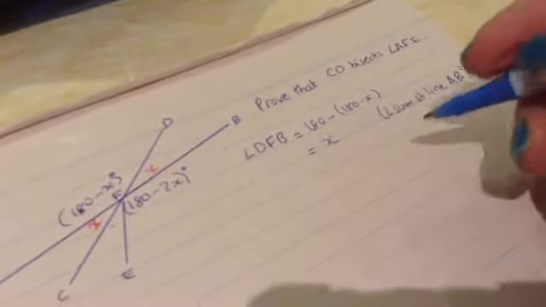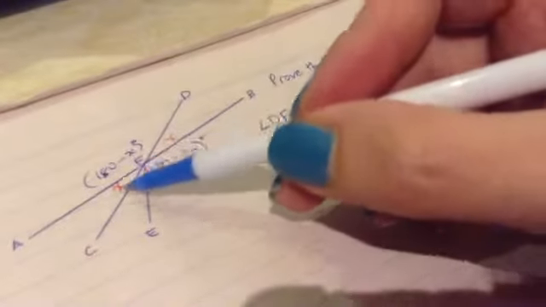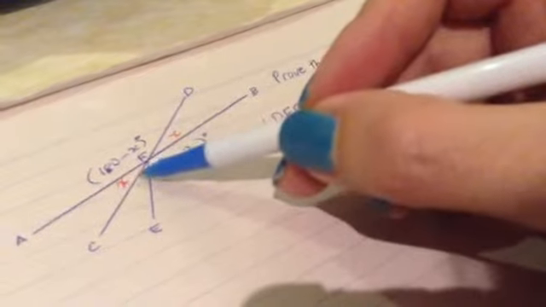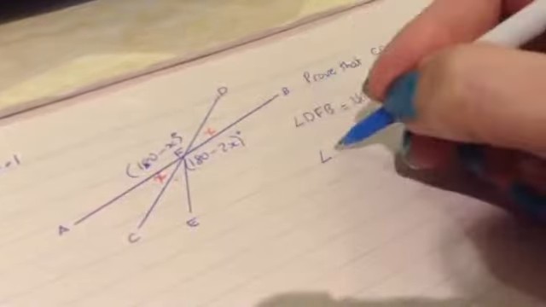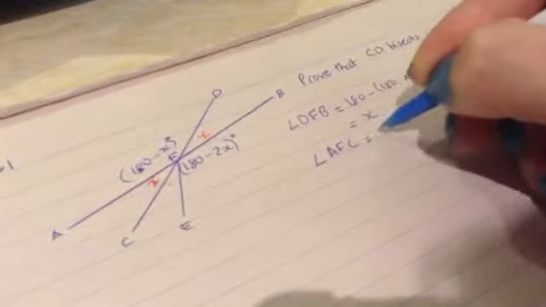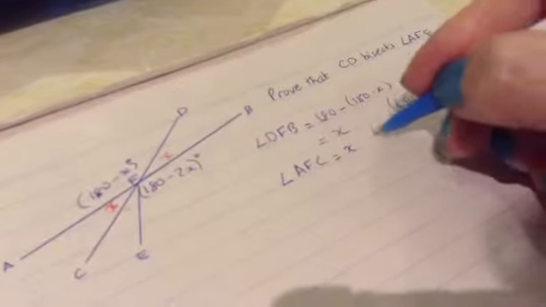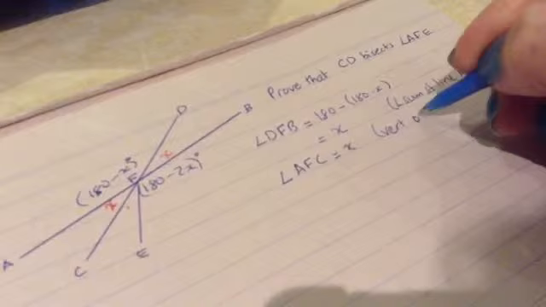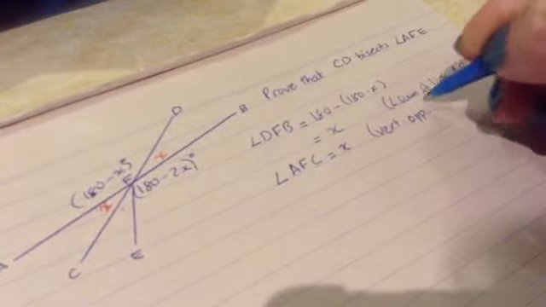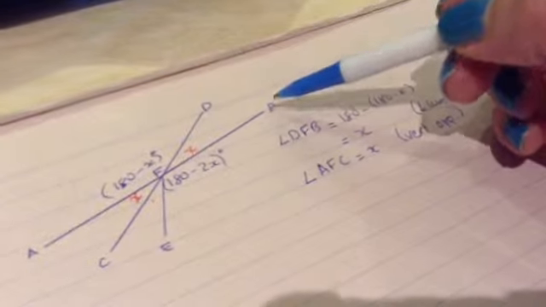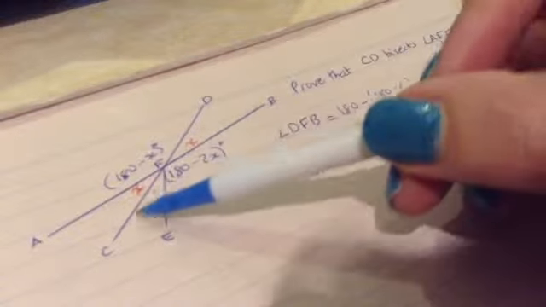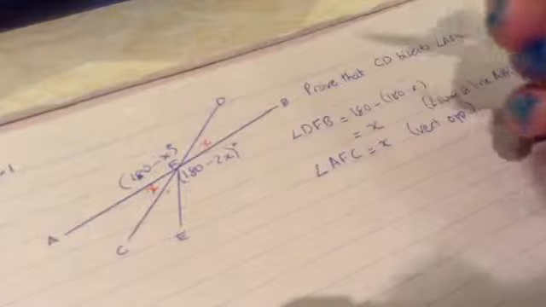So we found that that's x. Now we're going to write down that this is vertically opposite, so that's equal to the same thing. So we write down that angle AFC is also equal to x for the reason that it is vertically opposite to DFB. And all we have to do now is find out if angle CFE is x.